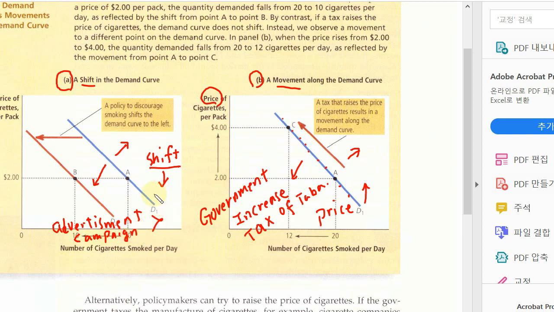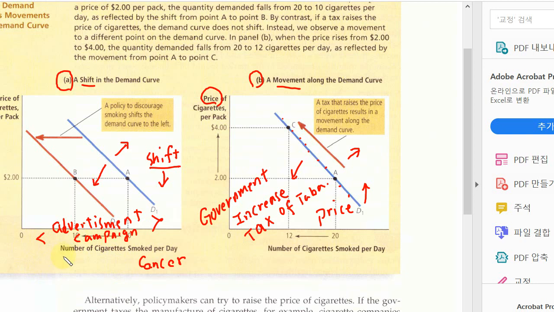For example, if you use more tobacco, you will have more possibility of cancer.